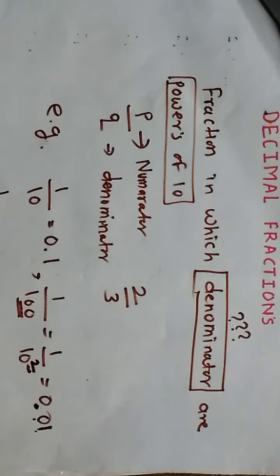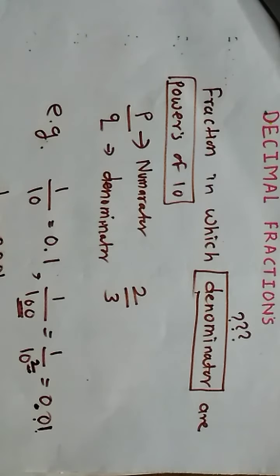Similarly, suppose 1 by 1000, then we take the decimal point after 3 places, 1, 2, 3, so the point is here. Decimal fractions are like this.